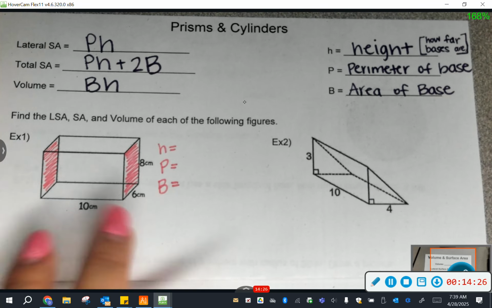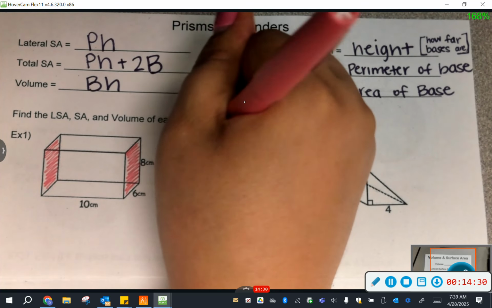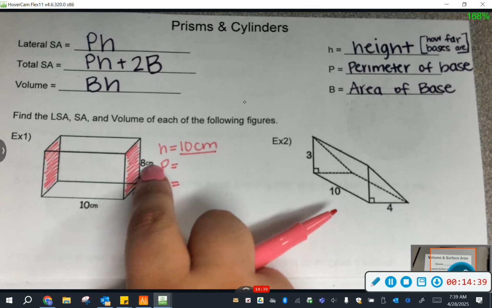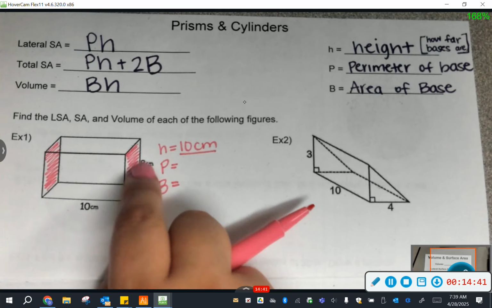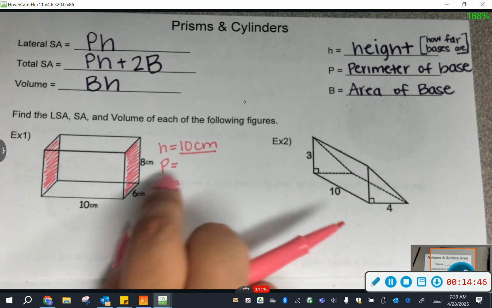H, the height. How far apart are my 2 bases? 10 centimeters is my answer. My 2 bases are 10 centimeters apart. P, how do I find the perimeter of this base right here? What does perimeter mean? The outside. Adding all the outsides.